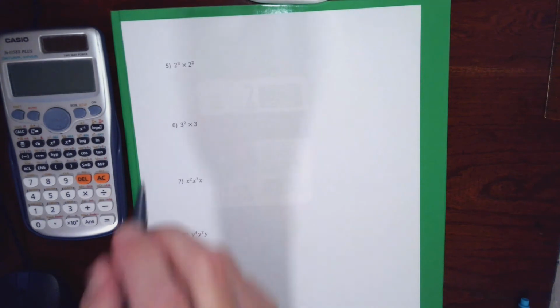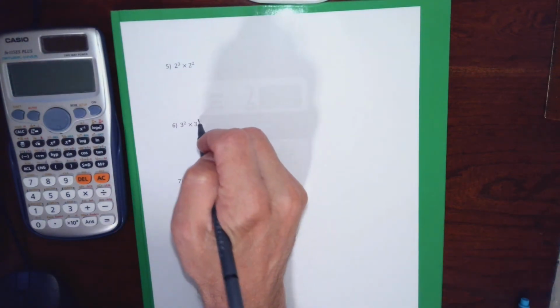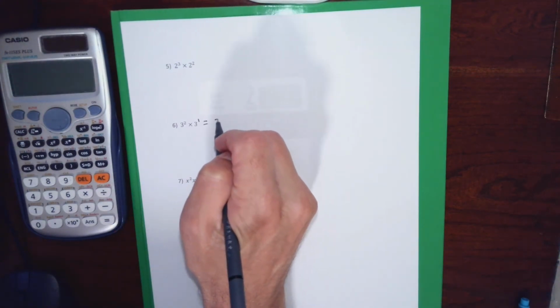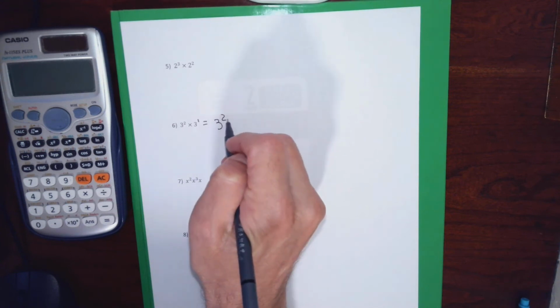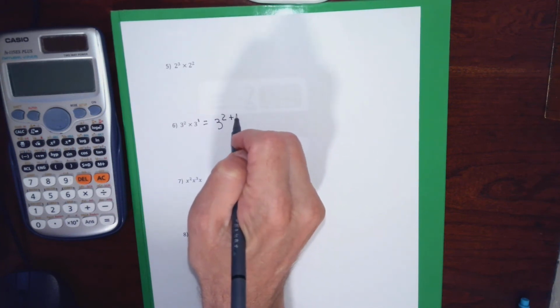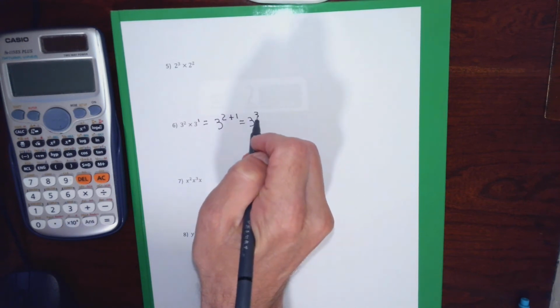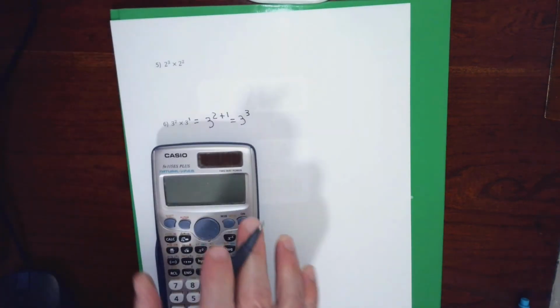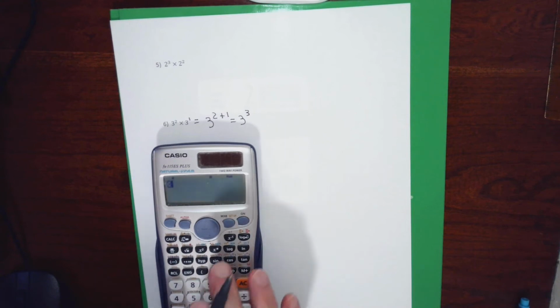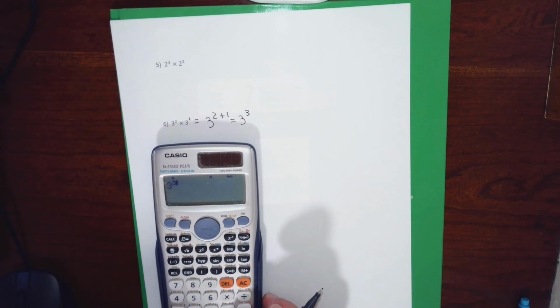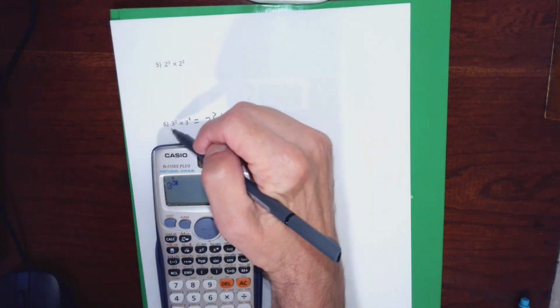Usually if a problem has a base that's a number, I won't write my answer with an exponent. I'll pull out my calculator if I don't know what the problem reduces to in my head. 3 squared times 3, which is the same as 3 squared times 3 to the first, I'm multiplying.